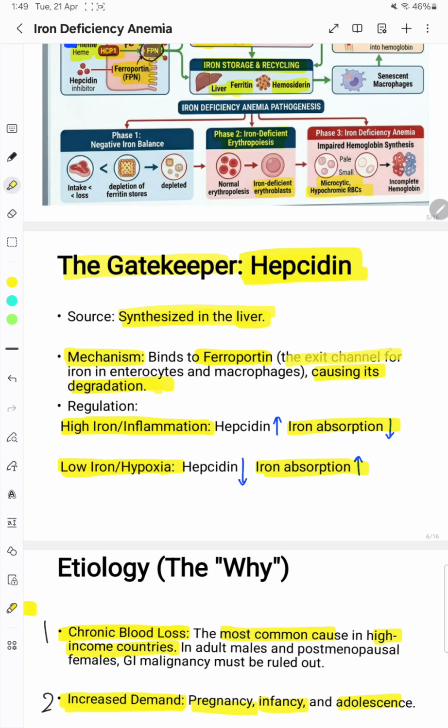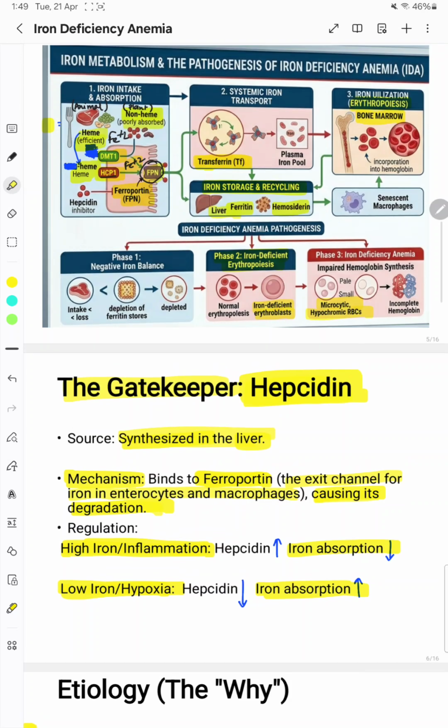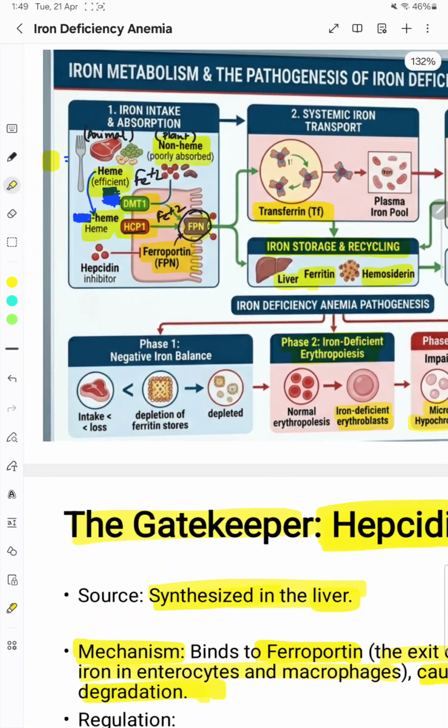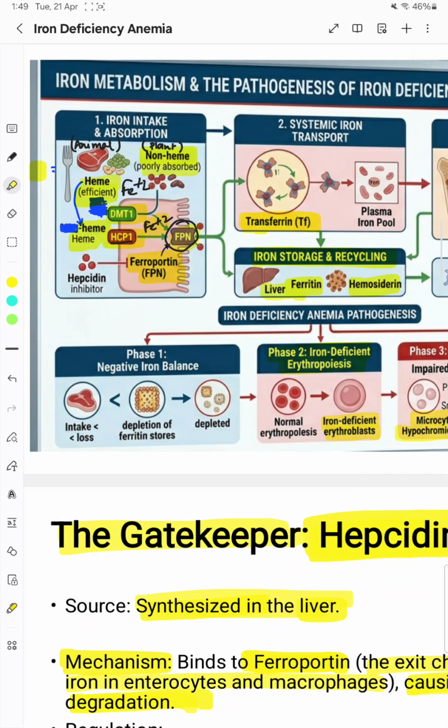Ferroportins are the exit channel for iron in enterocytes and macrophages. As we have discussed, during absorption, ferroportin helps the iron to transfer from the enterocyte to the circulation, and they are also present in the macrophages.